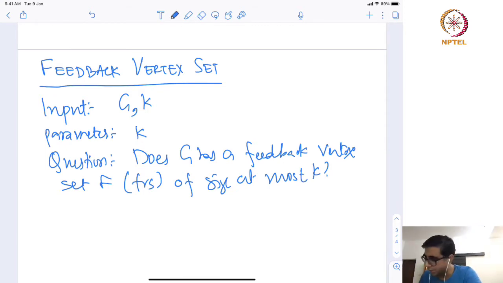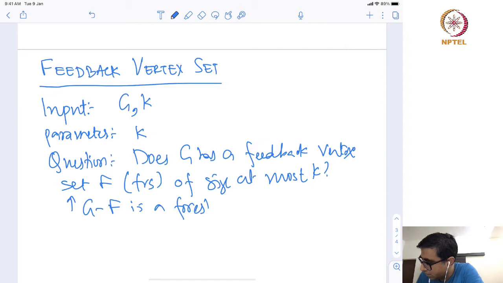And what is a feedback vertex set? Basically, G minus F is a forest.